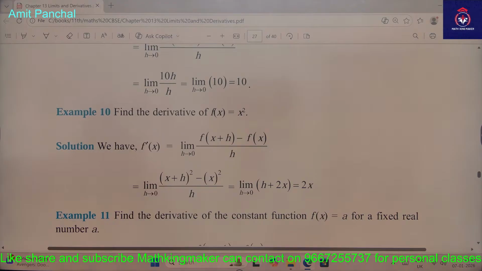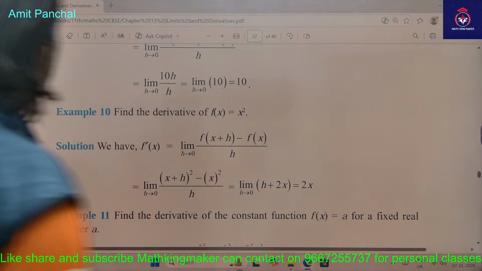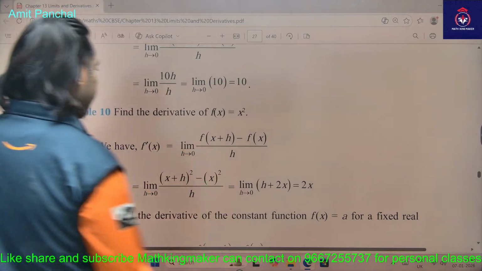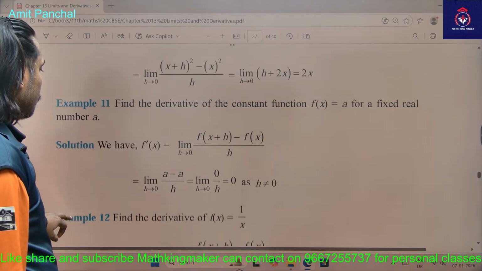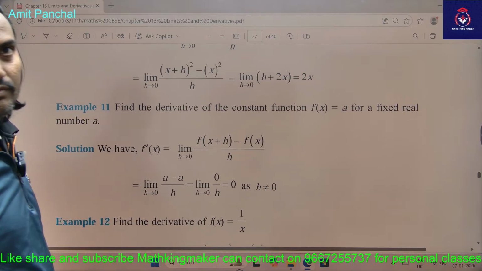Yeah, differentiation of a constant function is always 0. Next one, it is 1 by x this time.